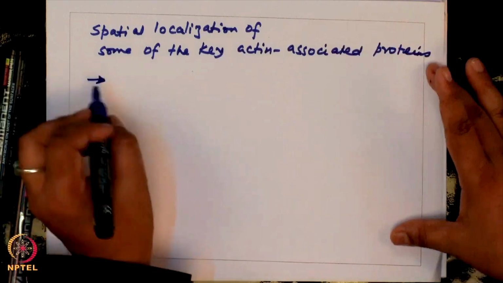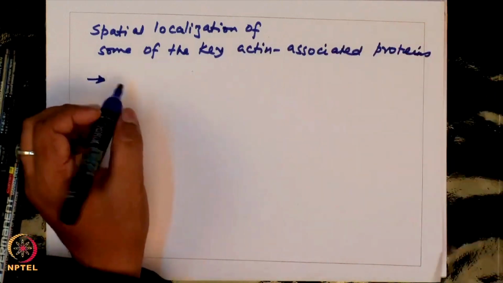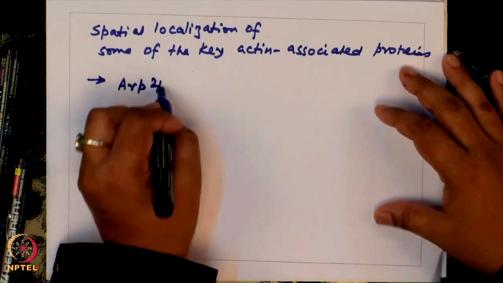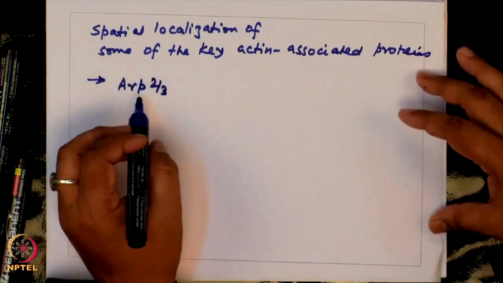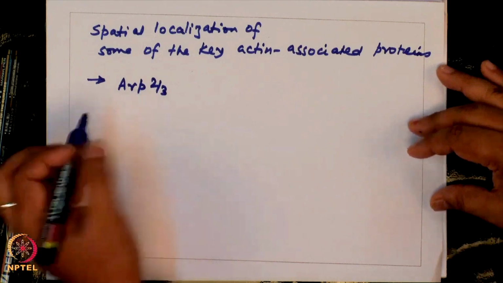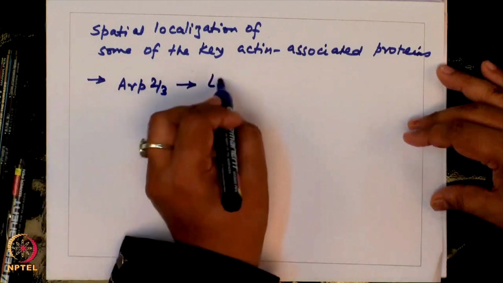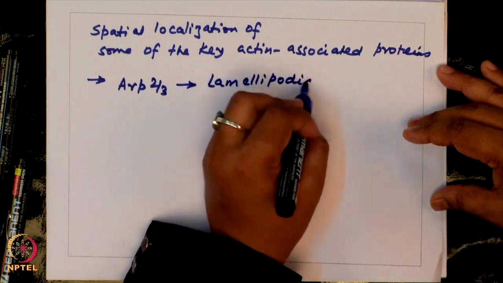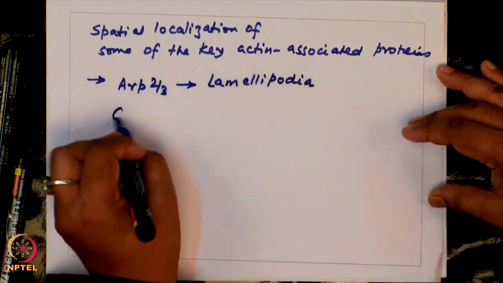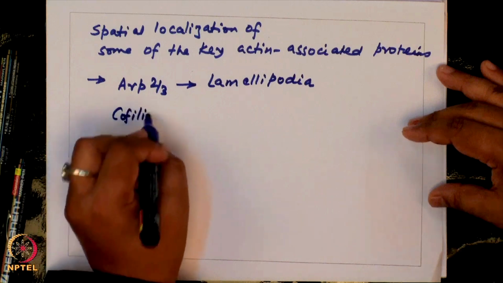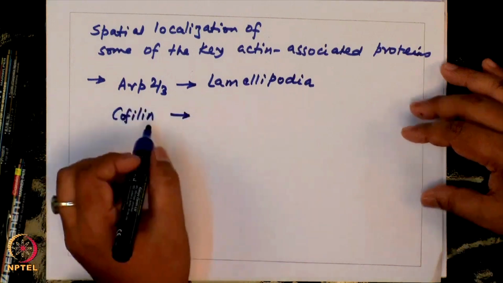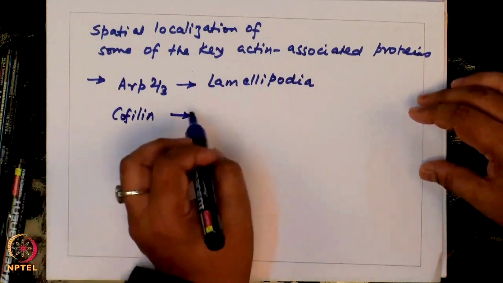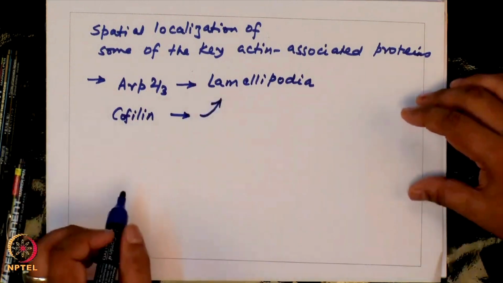What they found was Arp2/3, which is associated with branching of actin, is present in the lamellipodia. Similarly, cofilin, an actin depolymerizing protein that contributes to actin depolymerization, is also present in the lamellipodia.